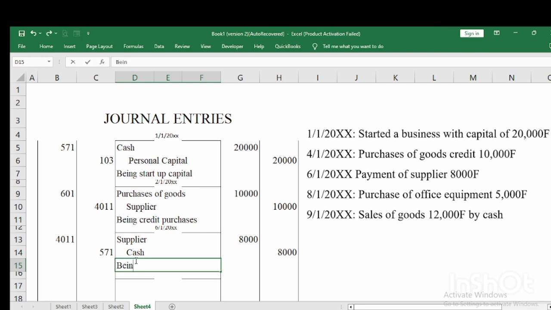So being partial payment of a supplier. Awesome. All right.